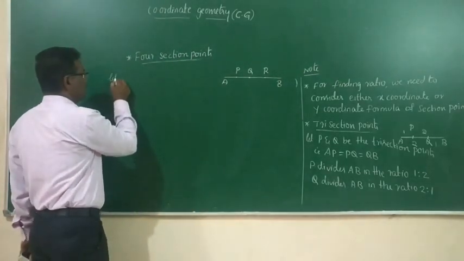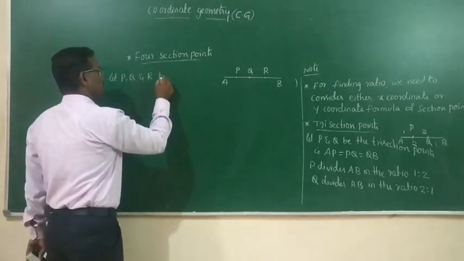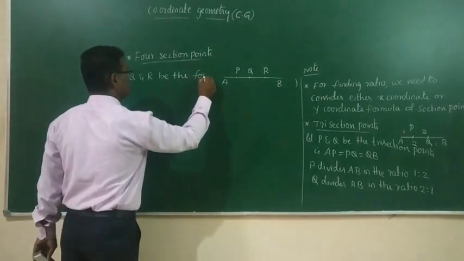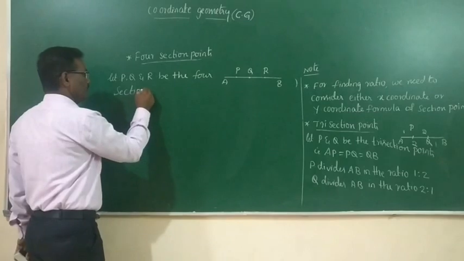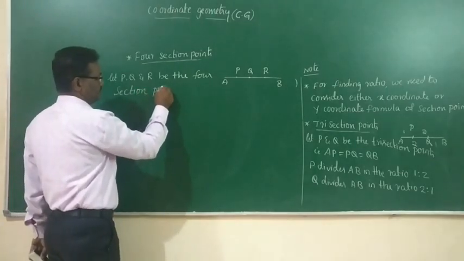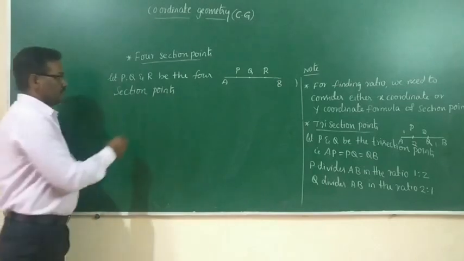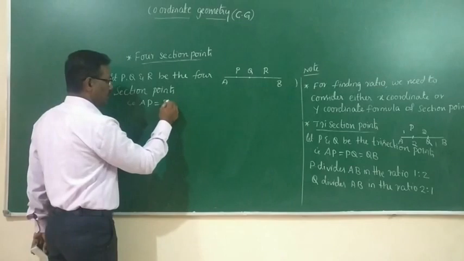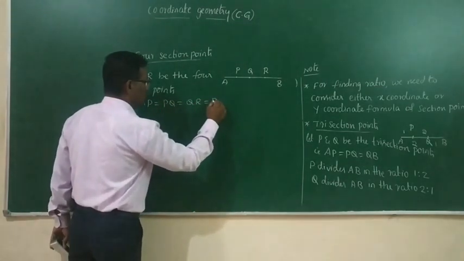Here let P, Q and R be the four section points. All the four sections are equal. Therefore, AP equals PQ equals QR equals RB.